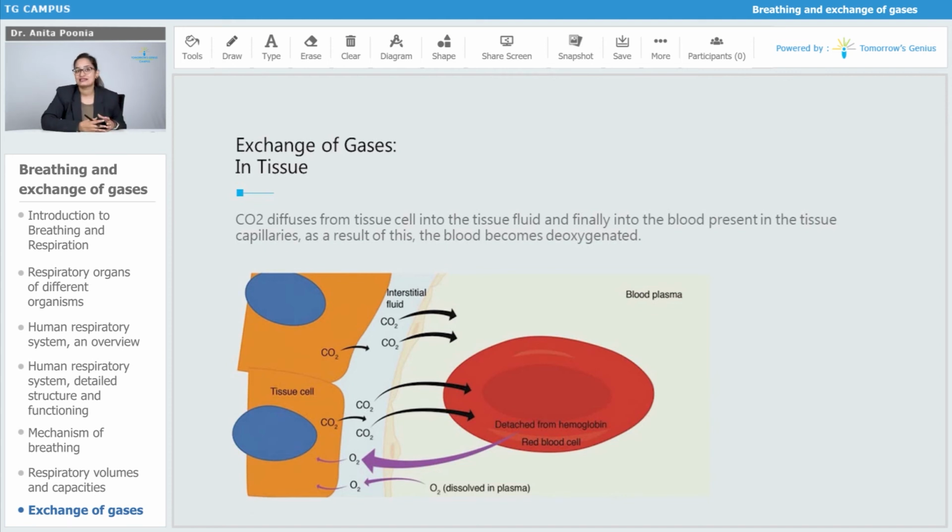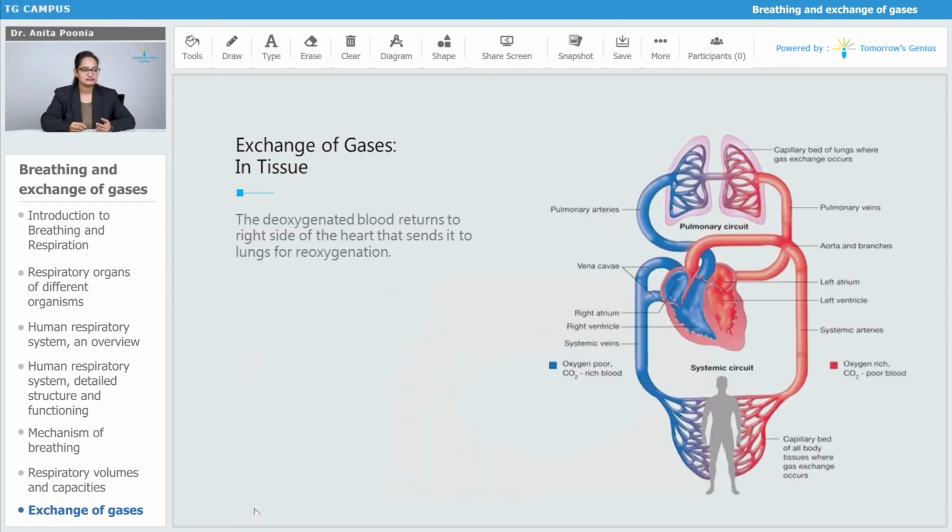As a result, the blood becomes deoxygenated. Now the deoxygenated blood returns to the right side of the heart, which sends it to the lungs for reoxygenation.